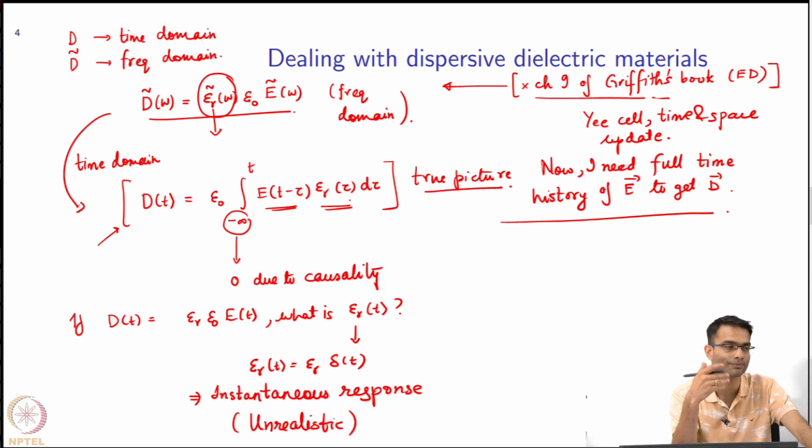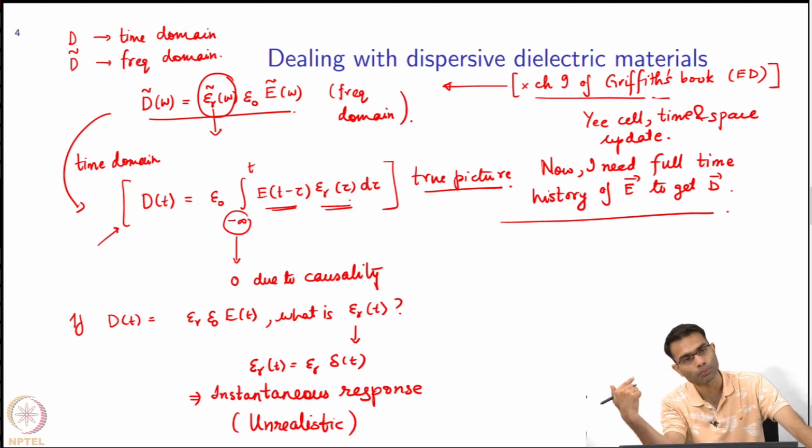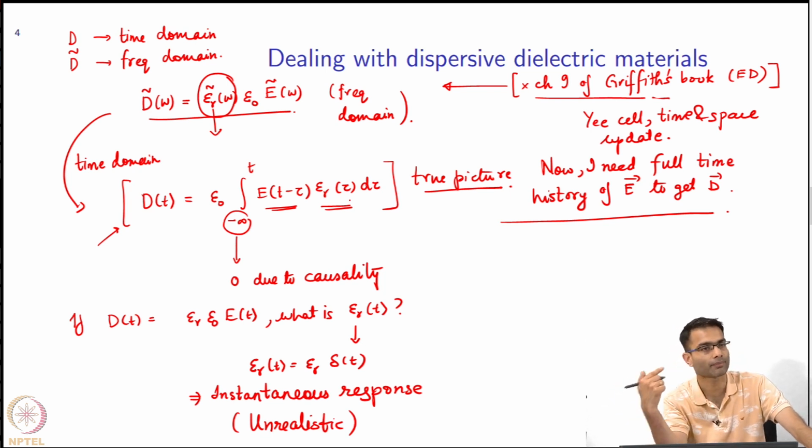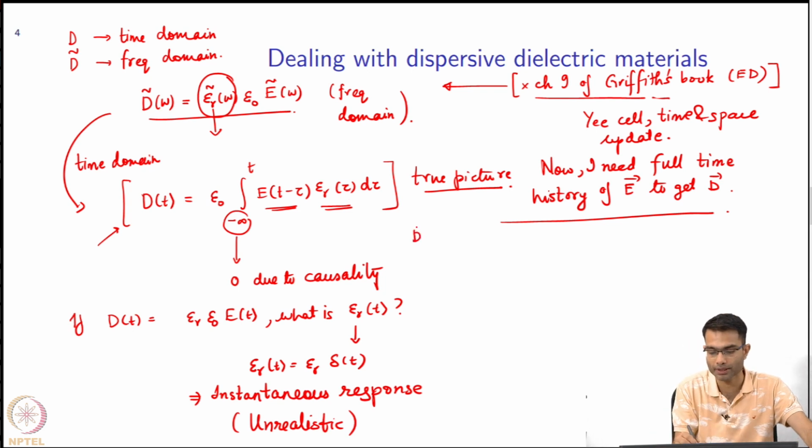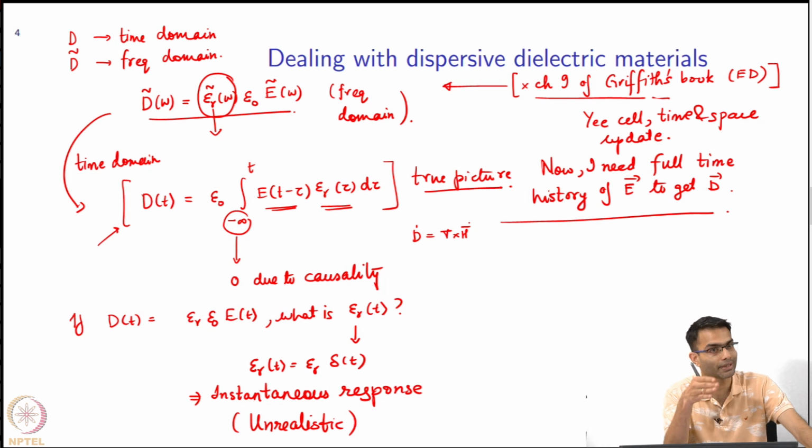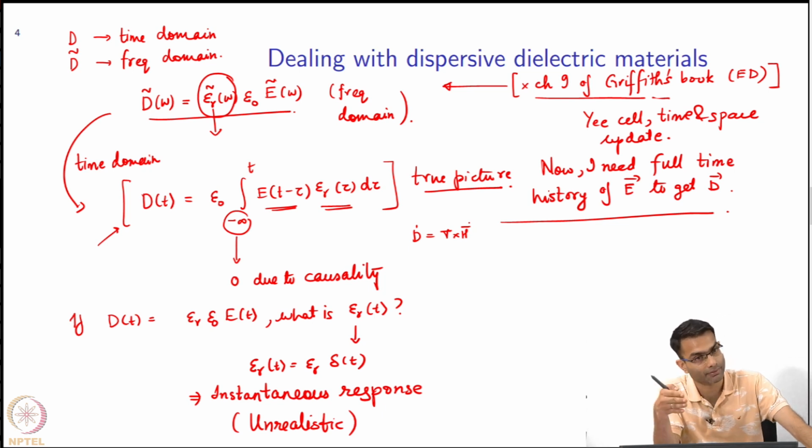So, I started with some frequency domain version of the permittivity, which is the dispersive nature. Now, in order to implement this D, because I will need this D to put it into the update equations, right. What are the update equations? So, D dot is equal to curl of H, supposing I say this. So, I need D in the time domain, then I need to take its derivative.